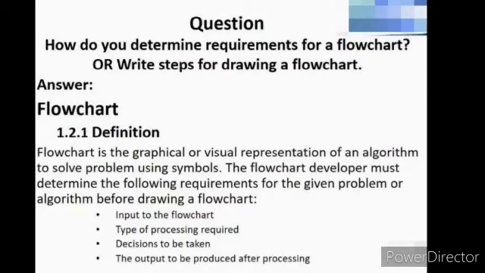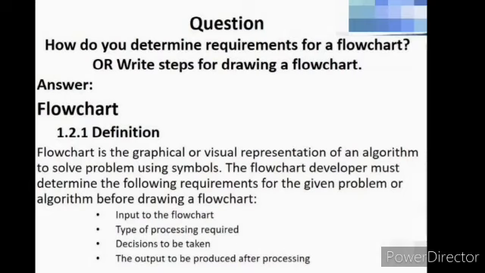And the next question, which is a long question: how do you determine requirements for a flowchart, or the right steps for drawing a flowchart? And the answer is, first of all, the definition of flowchart. Flowchart is the graphical or visual representation of an algorithm to solve a problem using symbols.